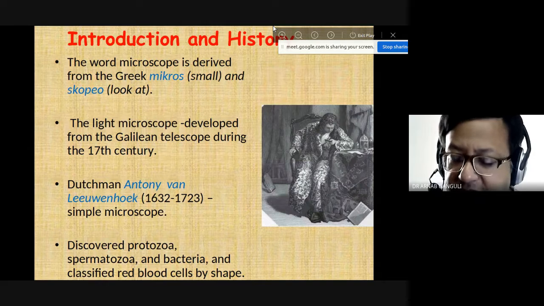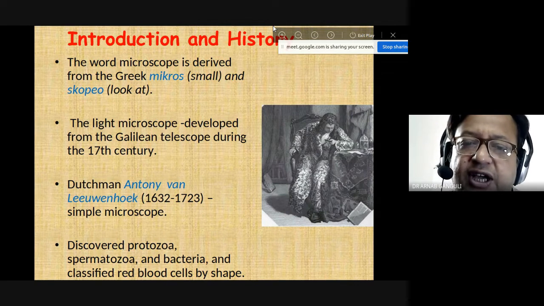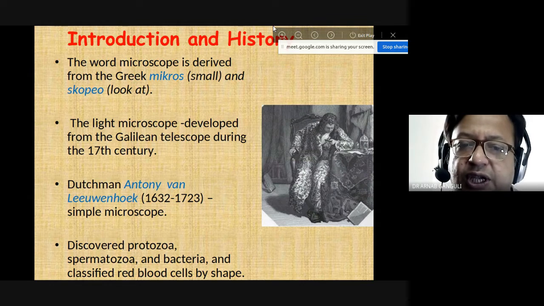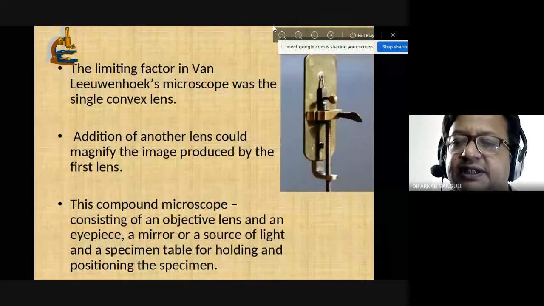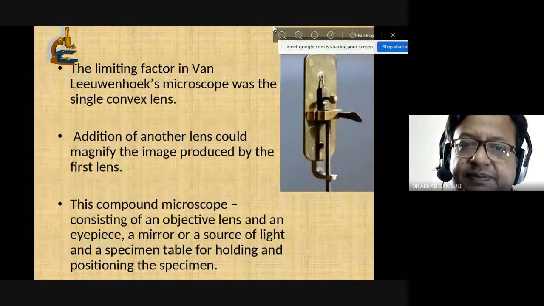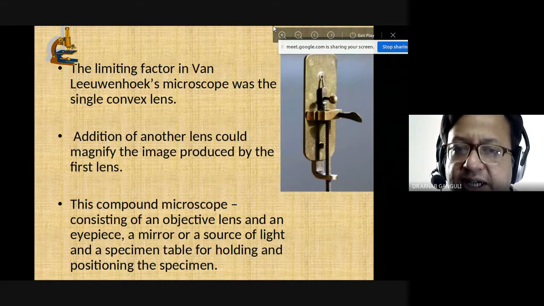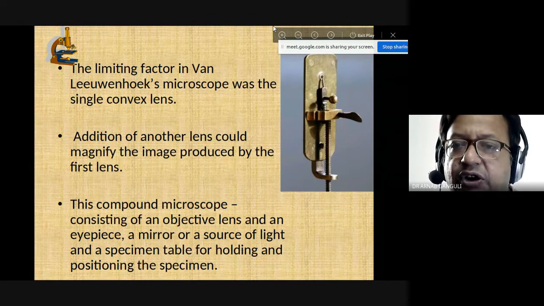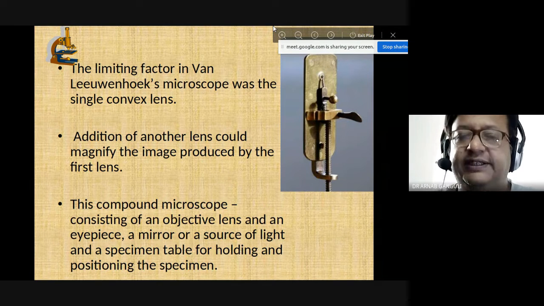So the light microscope was introduced and everything was fine. You know the story of Antony van Leeuwenhoek and then Robert Hooke. In Van Leeuwenhoek's microscope, the limiting factor was the single convex lens. This is a convex lens, a concave lens is this.